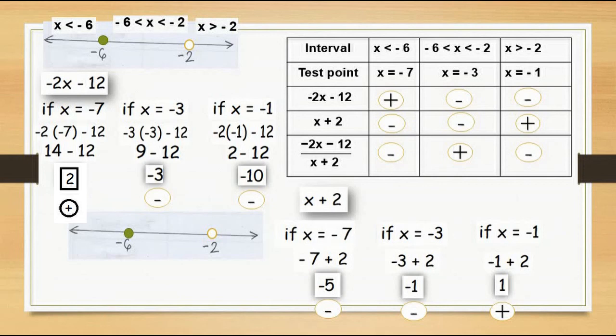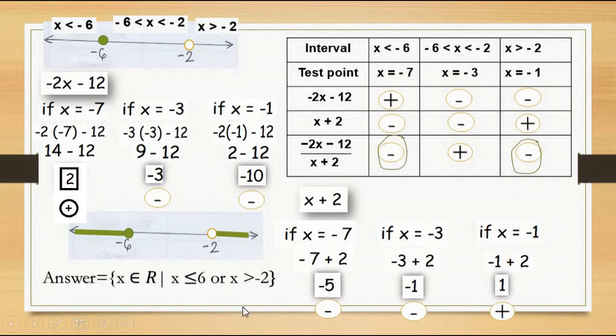As you can see, the intervals with a negative sign are x less than negative 6 and x greater than negative 2. So the answer is x is an element of real numbers such that x is less than or equal to negative 6 or x is greater than negative 2.